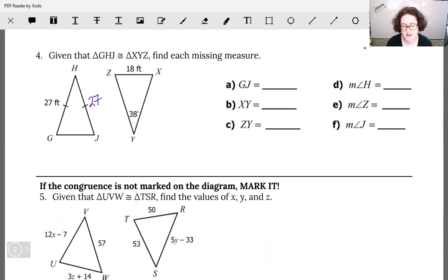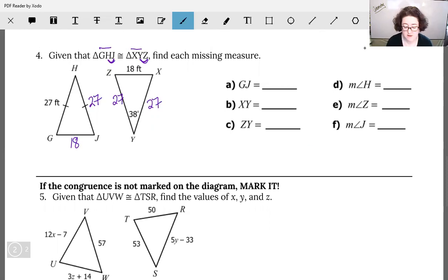And I just need to make sure I match them up. So segment GH is the same as XY, so I can label that as 27. And HJ is the same as YZ, so that's also 27. Okay, then that means our remaining segment ZX, our 18 feet, is the same as GJ.